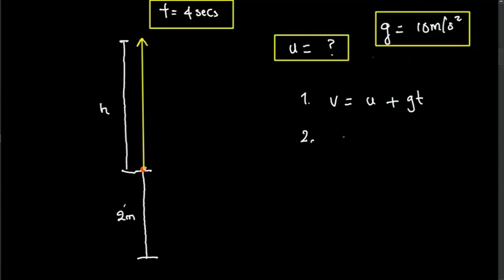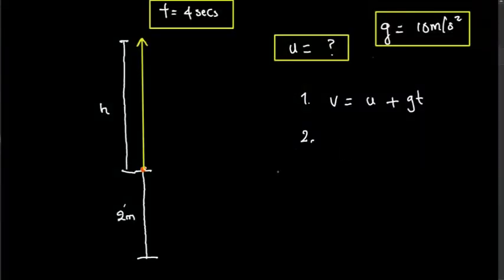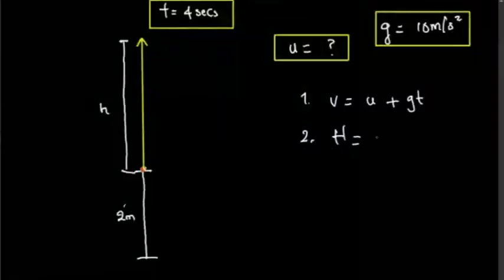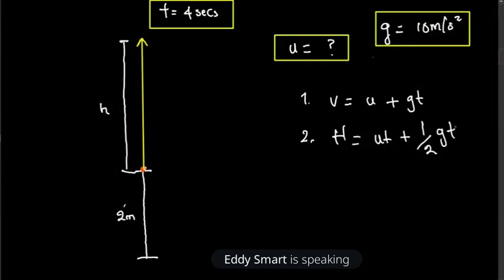The second equation of motion: we say H, because we're not dealing with linear motion now, we're dealing with a vertical distance. So H equals UT plus 1 over 2 GT squared.